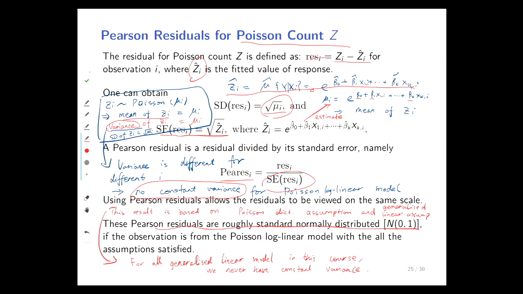And secondly, we use the variance of Z, which is equal to mu i, to derive the standard deviation, and also the standard error of the residual. So in this case, the Poisson distribution assumption is involved in the standard error part. So you can consider it in this way: the residual can be represented by using the generalized linear assumption.